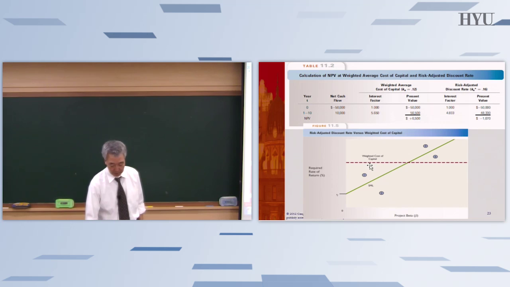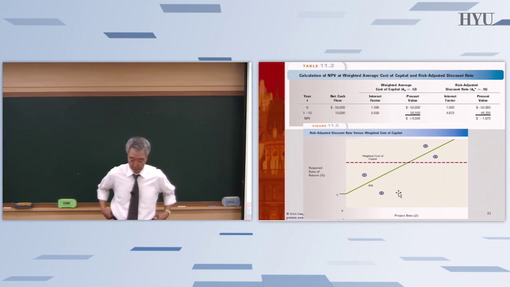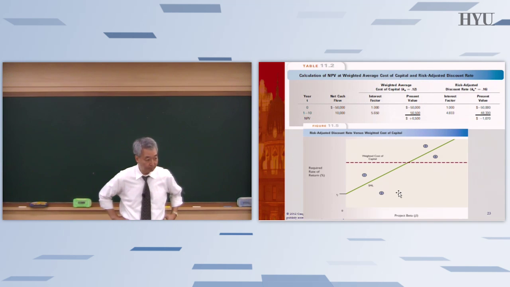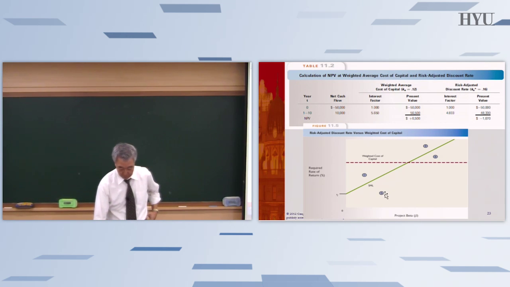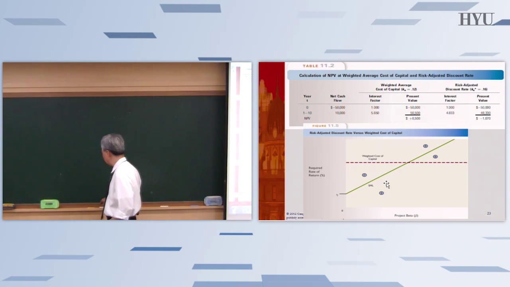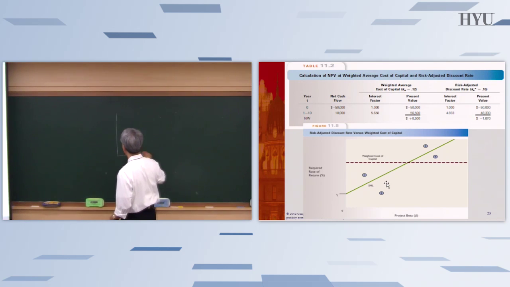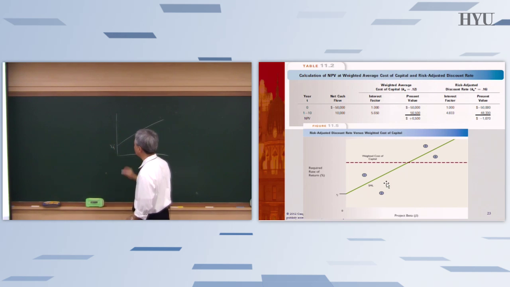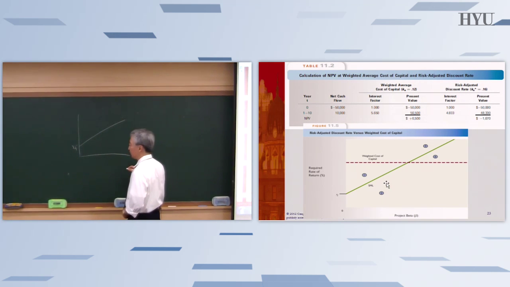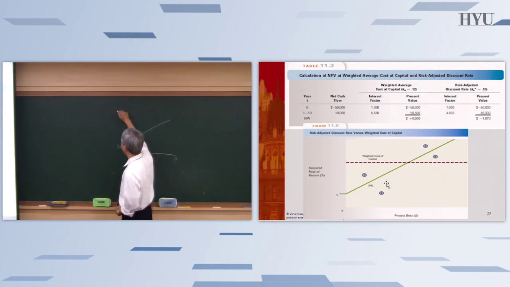And any investment below the security market line is not acceptable, unacceptable. The reason is very obvious, because the security market line defines the required rate of return considering the market return.